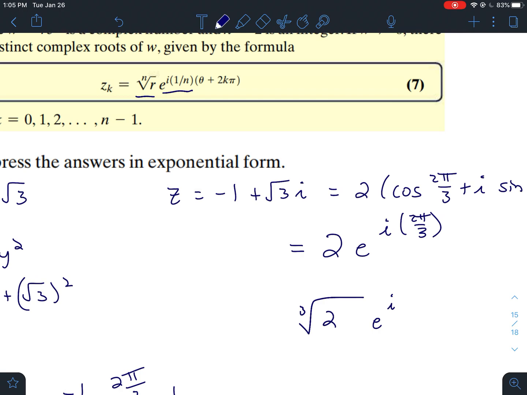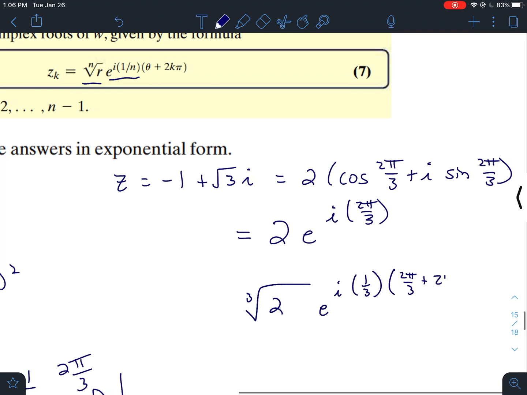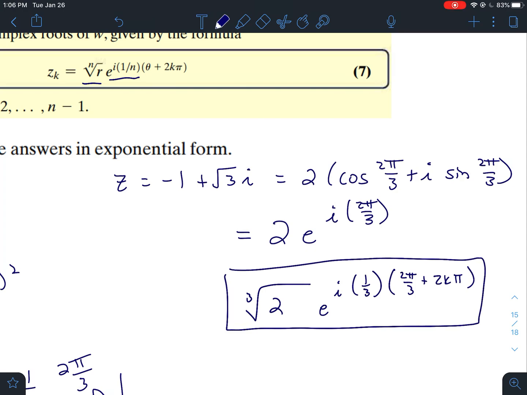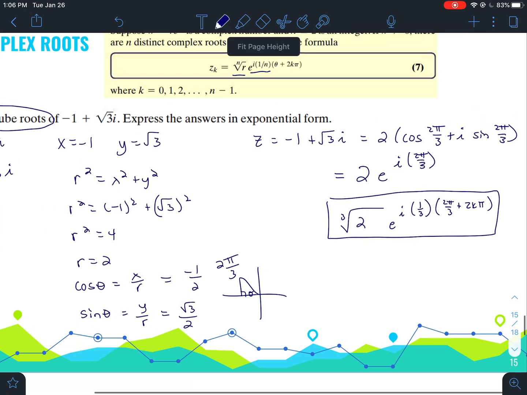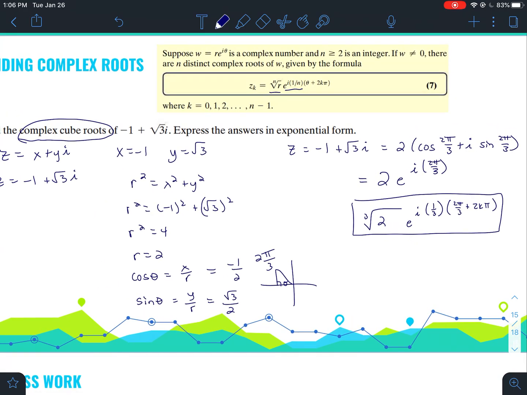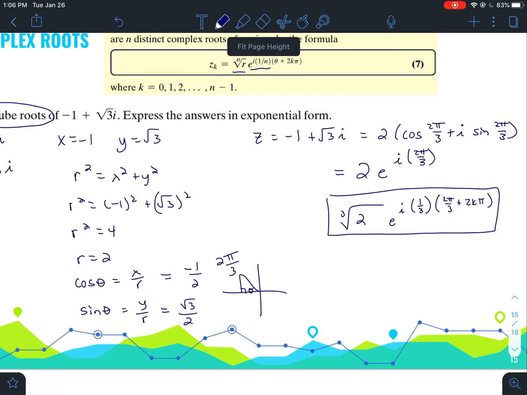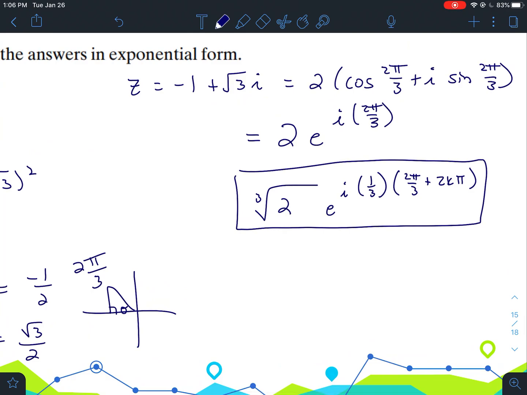And in this case, it's cube root, so it'll be 1 over 3 because we're doing cube roots. And then it'll be times theta, which is 2 pi over 3, plus 2k pi, where k are integers. And that's how we would find all of the cube roots of that expression in complex form. So those would be the complex cube roots of -1 plus square root of 3i.